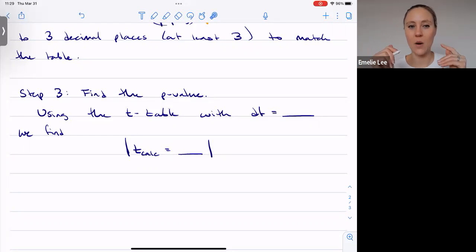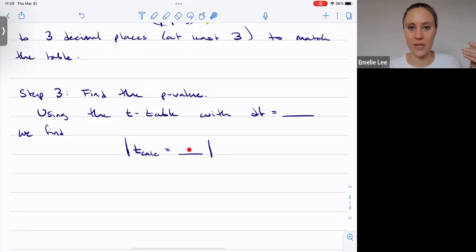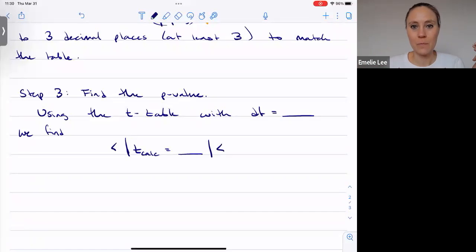But notice how we set this up is always going to be the same. It looks like a lot right now, but once you do a couple, you'll see, okay, I just put my calculated t in the blank spot, I take the absolute value, and I find the values in the table that wrap around this calculated value.